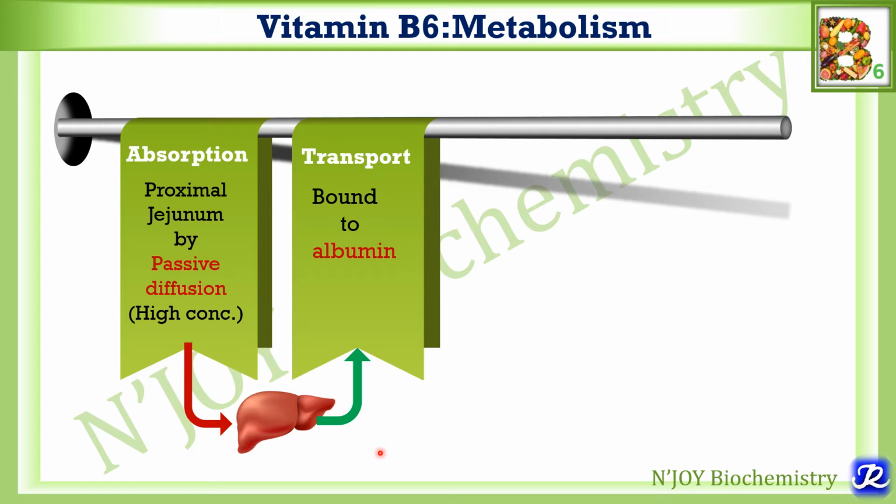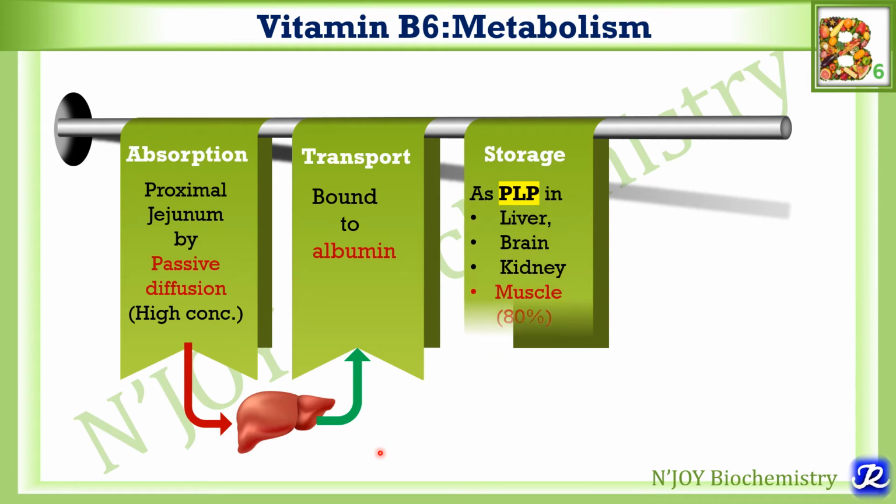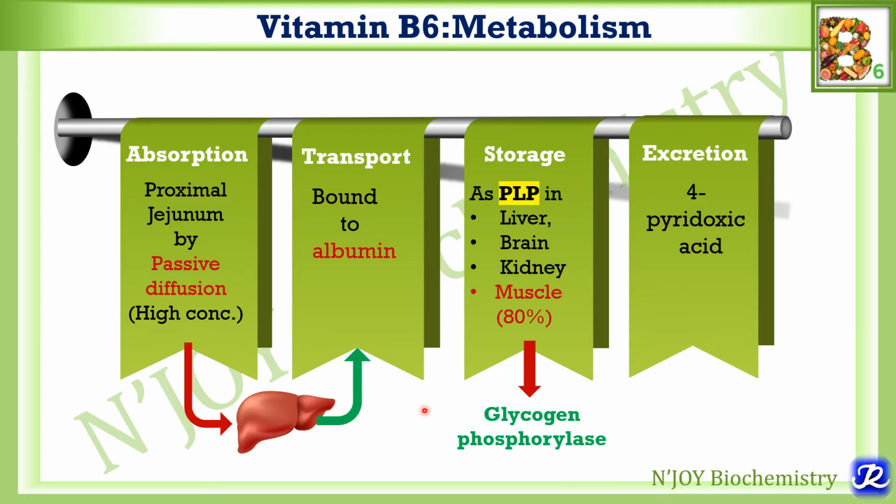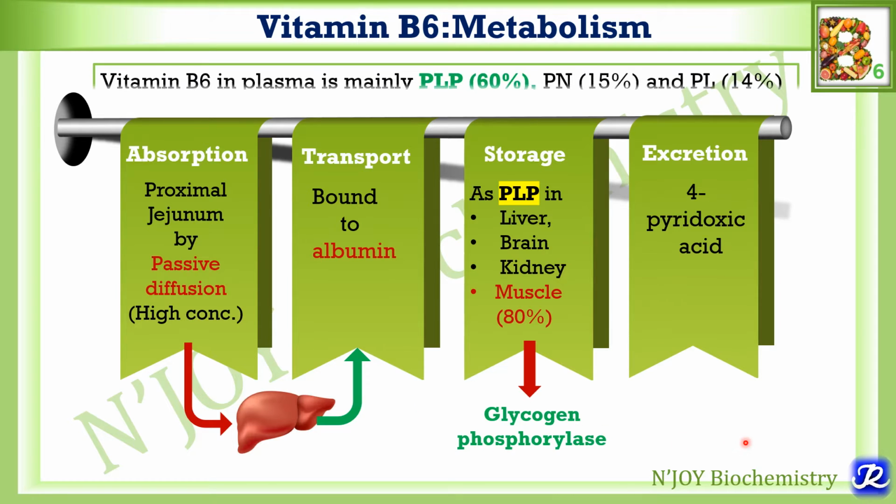Pyridoxal phosphate cannot cross the cell membrane, so first it is dephosphorylated, and once it reaches inside the cell it again becomes phosphorylated, and it is stored in the form of pyridoxal phosphate in liver, brain, kidney and muscle. But 80% of the pyridoxal phosphate is stored in muscle linked with glycogen phosphorylase, and it is finally excreted in the form of 4-pyridoxic acid.